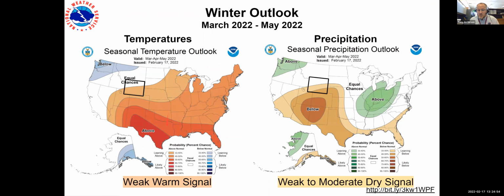Looking out to the winter-spring 3-month outlook, we see that a weak above normal temperature signal has developed in the southern two-thirds of Wyoming. A weak to moderate below normal precipitation signal has also developed in roughly the same area. Both these signals strengthen through the summer. A word of caution for the summer seems in order at this point. We are currently in the second consecutive winter of La Nina.